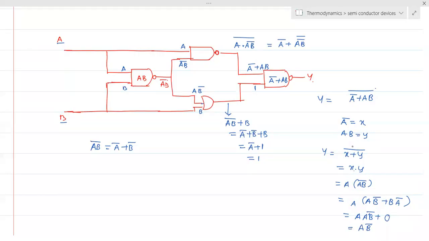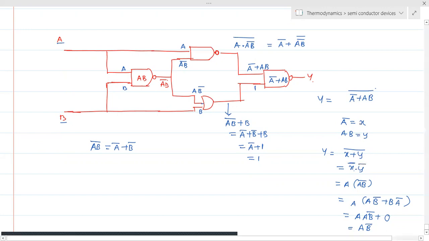Okay, let us see this again. A bar equivalent to X and AB equivalent to Y. X plus Y whole bar we are writing. X plus Y whole bar equals X bar dot Y bar. X bar means X is A bar, whole bar means A, and Y bar means AB bar.